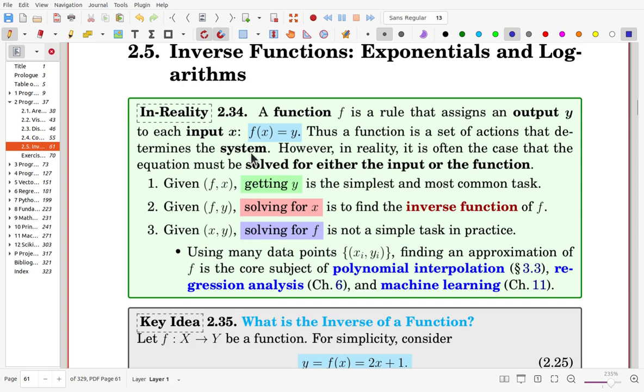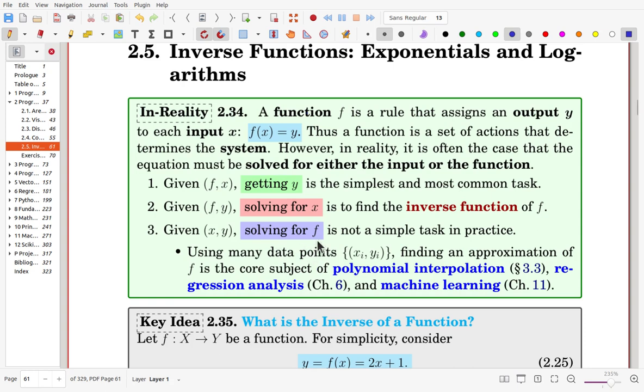Finally, if x and y are given, then we may try to find f. Solving for f is not a simple task in practice. Even though you find some f, it is not really the exact one. It is an approximation in most cases.